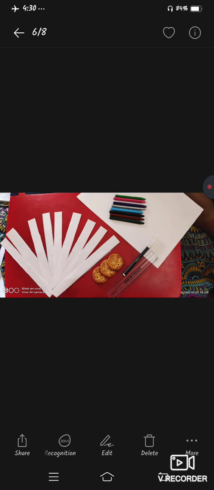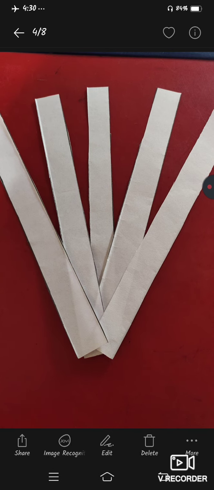First we will cut the paper into strips of equal size. Then let's take the first strip and color it. This represents the one whole.